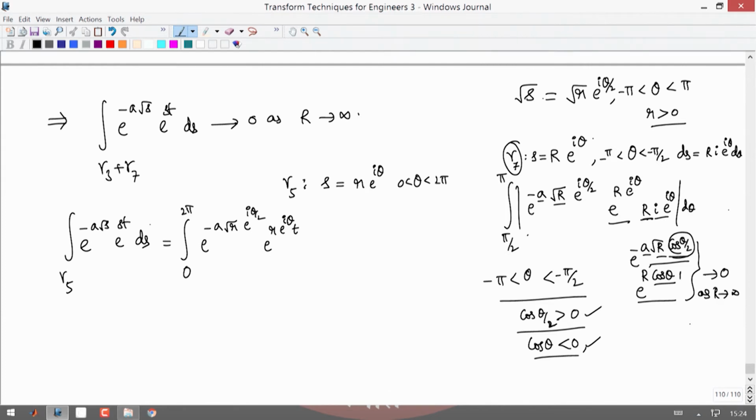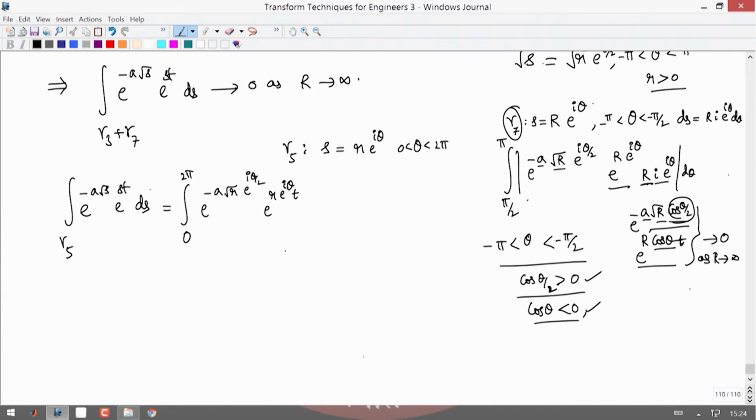Of course, t is anyway positive, so it does not matter. And ds is i times r e power i theta d theta. So, as r goes to 0, this is a bounded quantity, this goes to 1 and this goes to 0.